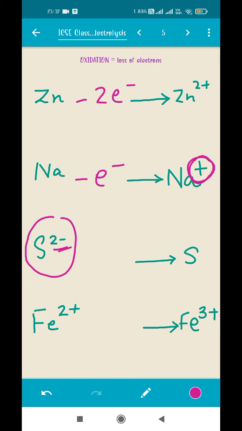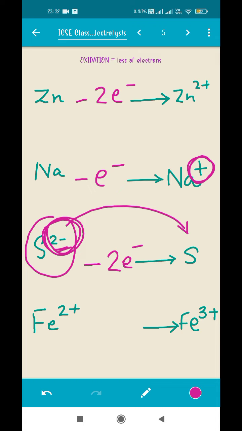So in order to convert into an atom, it has to lose these 2 extra electrons, because in the atom there is no charge, no negative or positive sign, isn't it? So the sulfur ion S2- has to lose 2 electrons in order to form S. Again we see there is loss of electrons, and loss of electrons means oxidation, hence this reaction is also oxidation.